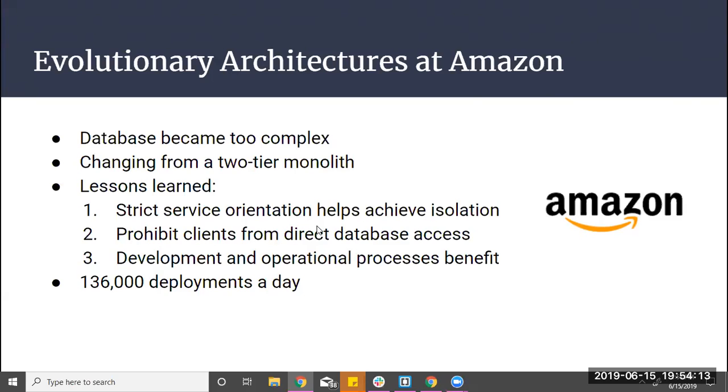With isolation, a level of ownership is achieved and the applications can be controlled. Second, client systems are not able to access databases directly. This allows for easier scaling and servicing. Third, the development and operational processes benefit by being able to innovate quickly. Amazon has increased its deployments to 136,000 deployments per day.